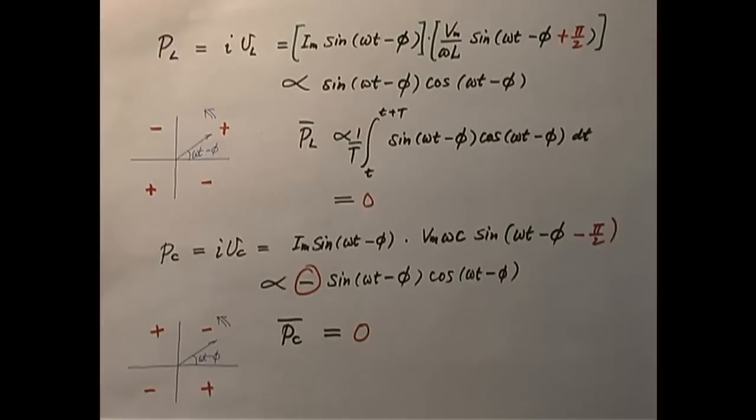Now we have an LRC circuit. So there's something new. There is a resistor, and the resistor always takes electrical energy and turns it into heat, right? And therefore, to sustain the oscillation, you must continually feed energy into the system, and that is done by an EMF.